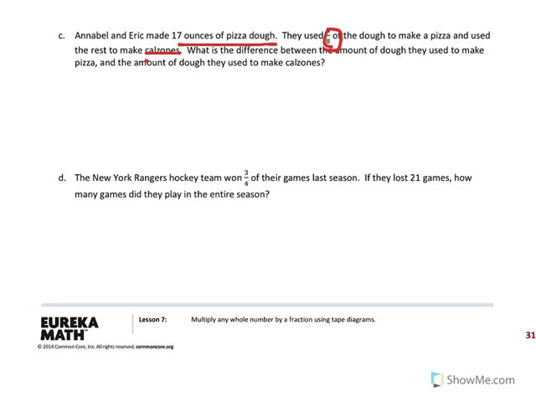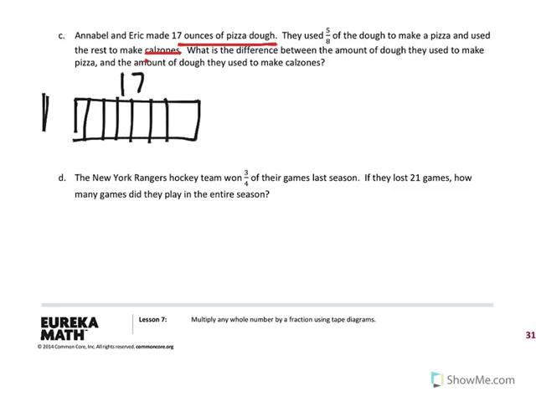Well, first I need to figure out, so here's my pizza dough and it's 17 ounces. And I have 5/8, so I need to break it up into 8. 1, 2, 3, 4, 5, 6, 7, 8. And 5/8 of it was used for pizza.